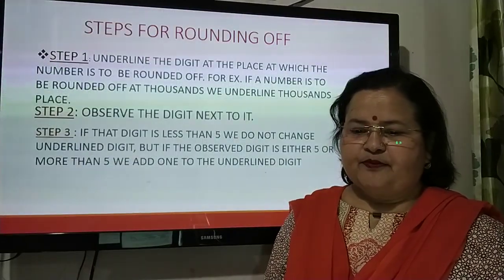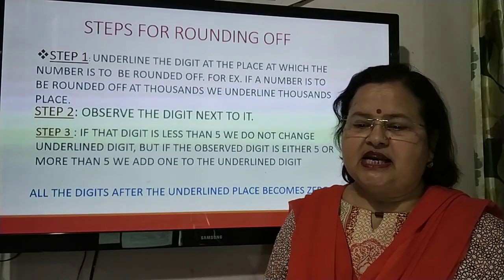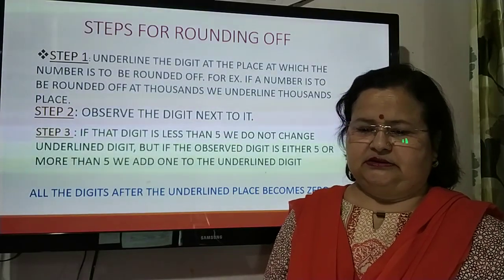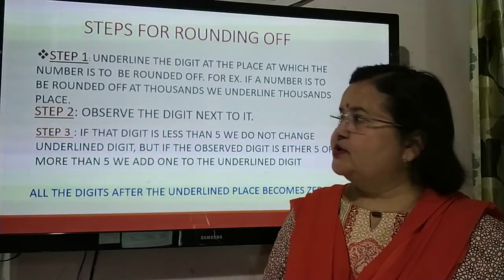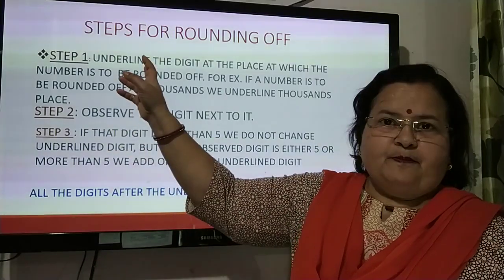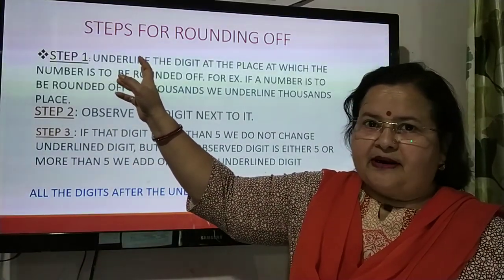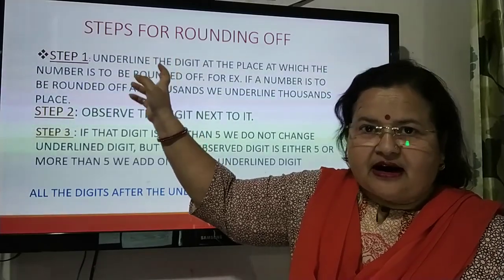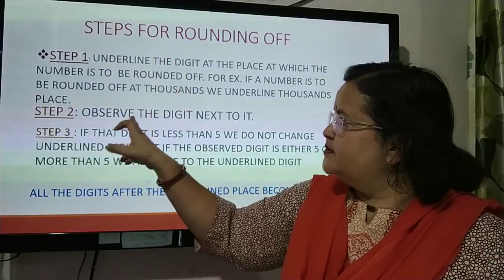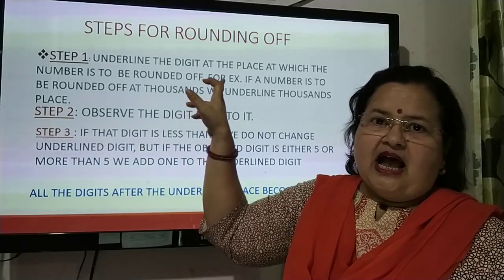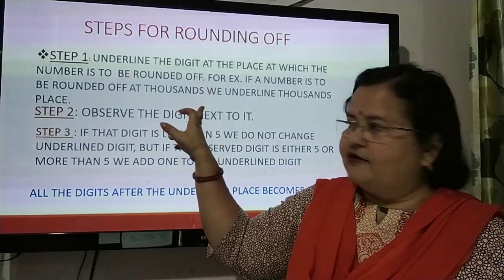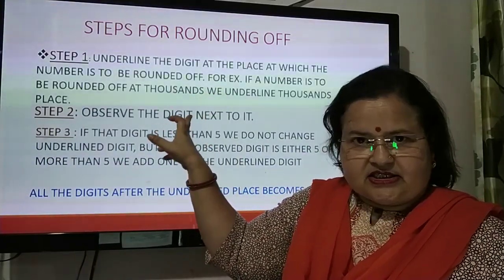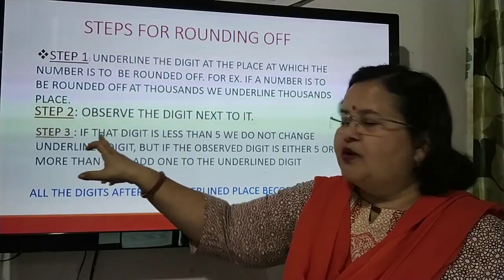It says observe the digit next to it. That means we are not going to apply the rule of rounding off at the place which you have underlined. You are going to observe the digit next to it and apply the rule of rounding off to this digit. Now, what is this rule?